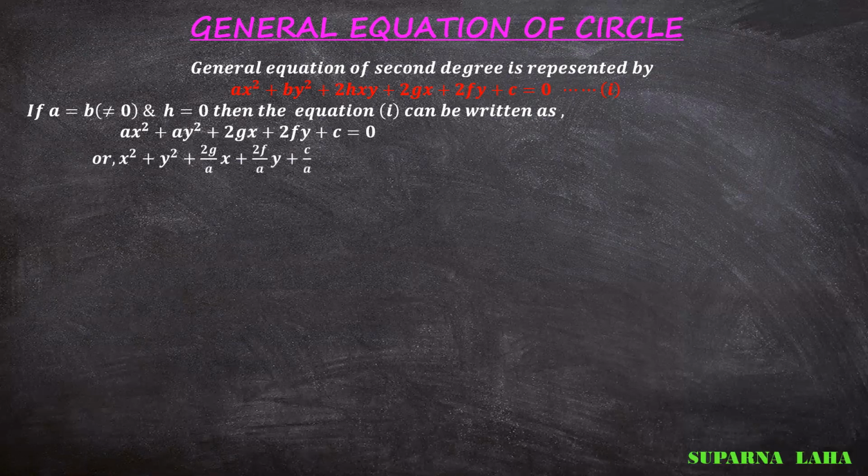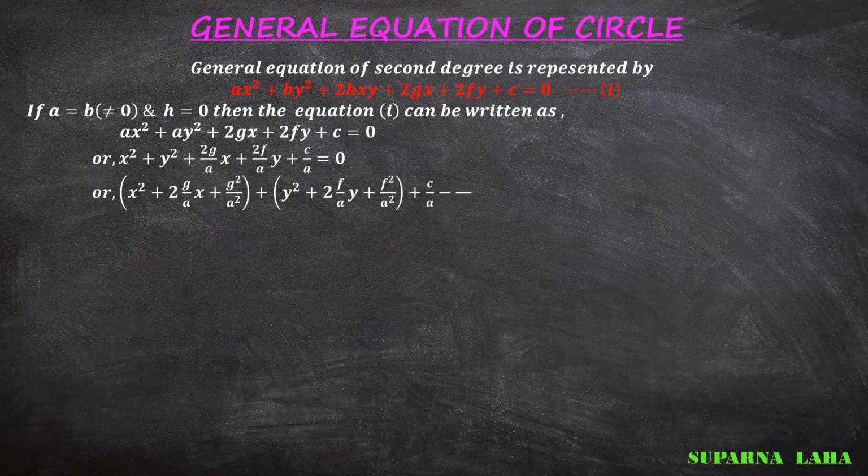So we will get x square plus y square plus 2g by a into x, plus 2f by a into y, plus c by a. So add g square by a square and f square by a square and just subtract the same values, that is g square by a square and f square by a square. So just add these two values and subtract these two values.